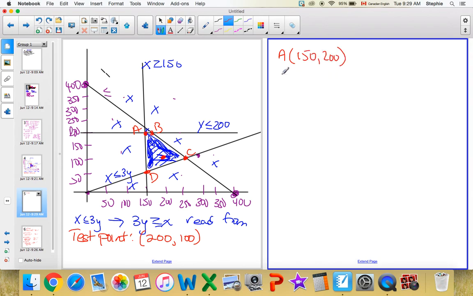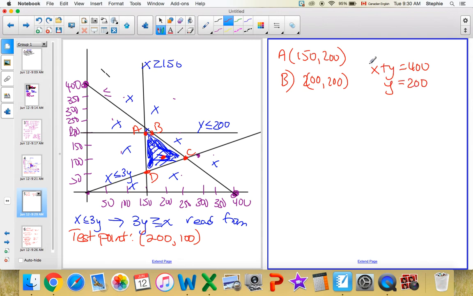And for B, it's 200, 200. But if I wasn't sure, I would take the line x plus y is equal to 400. And I would take the line y is equal to 200.